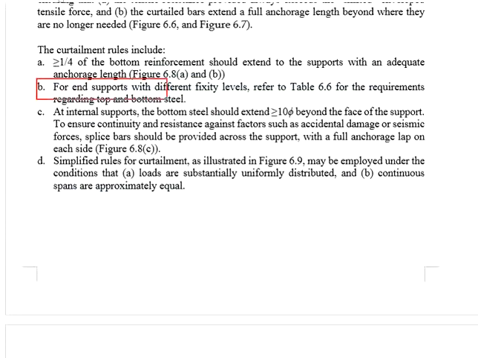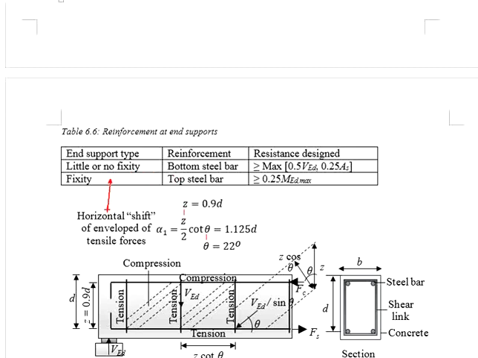And then if you look at the requirements for the end support here, for fixed end and also for pin end, we are looking at the bottom steel bar and the top steel bar. And they are also looking into at least 25% of the reinforcement.